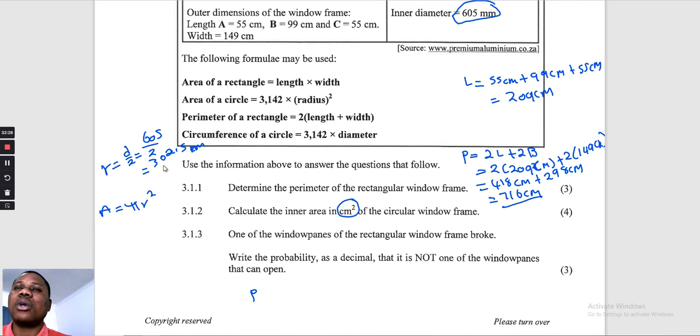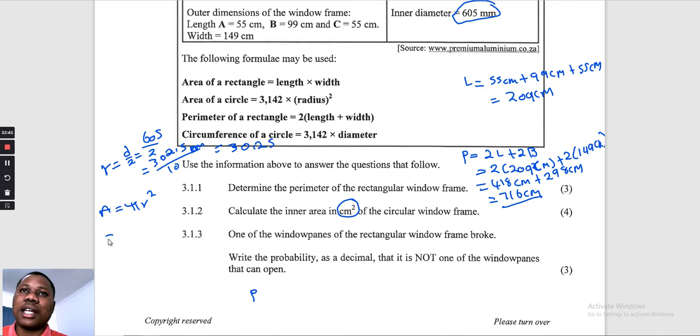We also need to convert this into centimeters, therefore we divide it by 10, which gives us 30.25. Then our radius is 30.25.